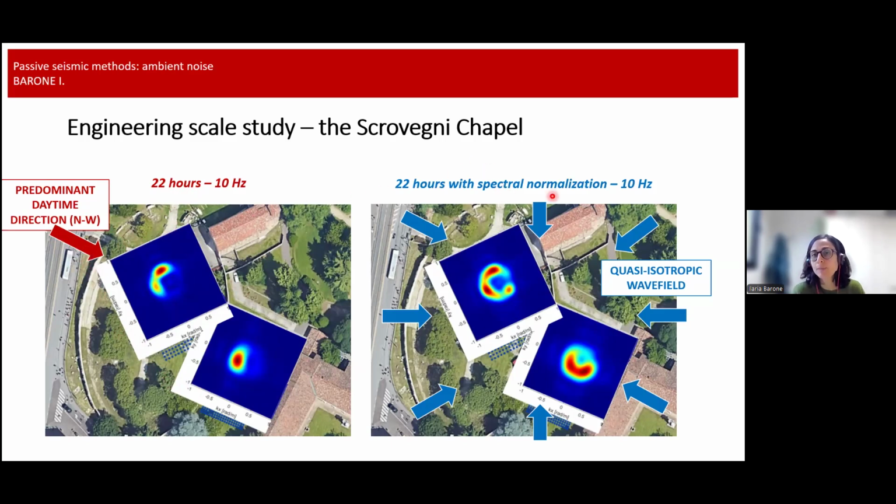But when we apply spectral normalization, the spectral whitening, we retrieve a quasi-isotropic wave field, because somehow we balance the night noise that is of low energy with the daytime noise that is of higher energy. And so finally we retrieve noise from everywhere with almost the same intensity.